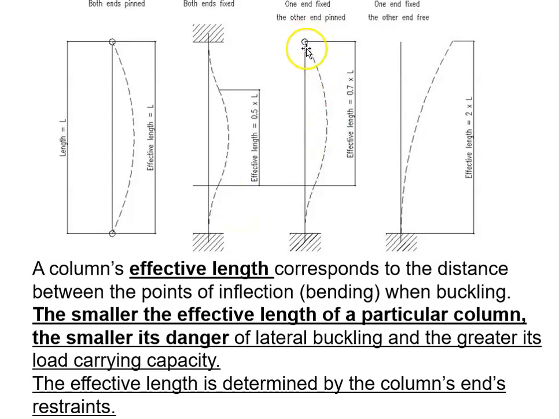And then here we have pinned at the top and fixed at the bottom, and the effective length, not surprisingly, falls between these two, with a multiplying factor of 0.7.